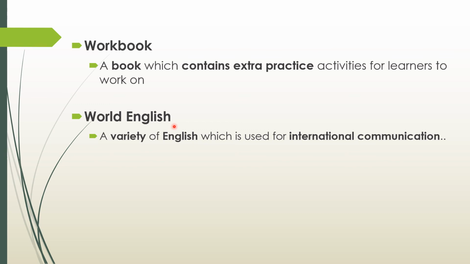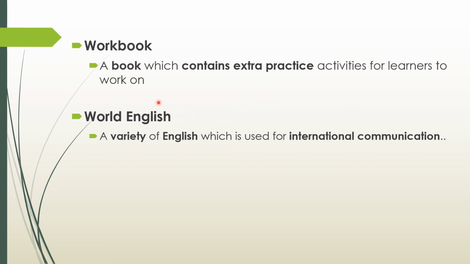World Englishes is one variety of English which is used for international communication. Every language has lots of varieties: standard variety, local variety, regional variety, or in basic form, age variety and other variety types.